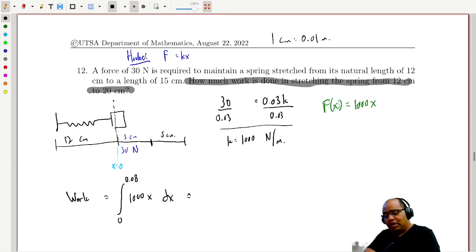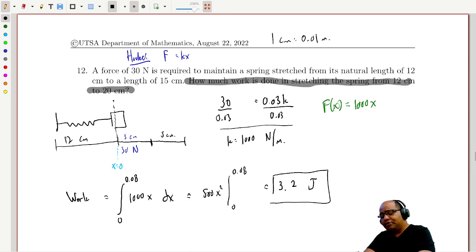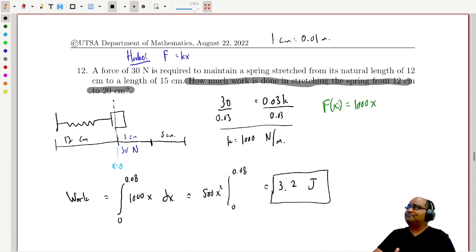So we get 1/2 of kx squared here, so we'll get 500x squared as our antiderivative. Evaluate that on the boundary, and using your favorite calculator of choice, you should get 3.2 joules of work required to stretch that spring that distance. So very straightforward. You look at all the data that you have, build a force function, and integrate it. Again, here the integral is very simple, just in terms of polynomials where we just have to use the power rule.